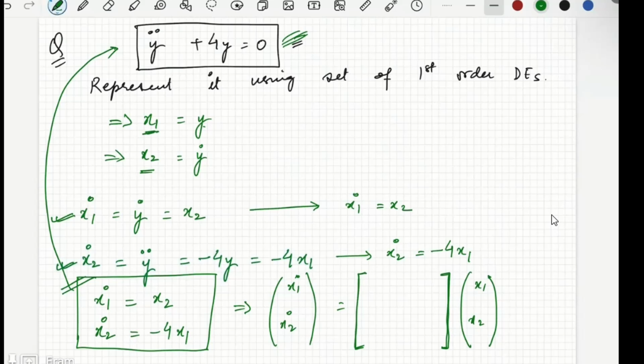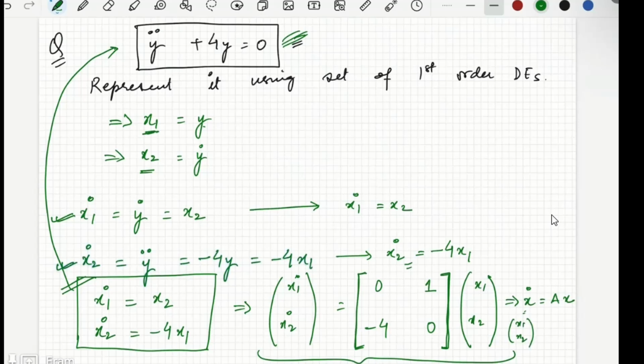How can we extract x1 dot using this matrix formulation? The entry should be 0 and 1. Is it correct? So this will give us x1 dot equals to x2. Now what about x2 dot? Minus 4 and 0. Okay, so this is the matrix A. So in short we can write x dot equals to Ax, where A is this matrix and x represents the vector x1, x2.